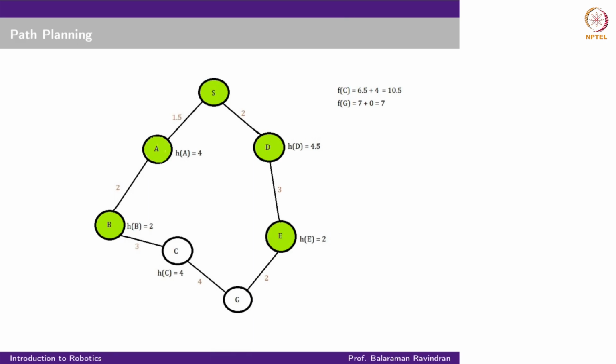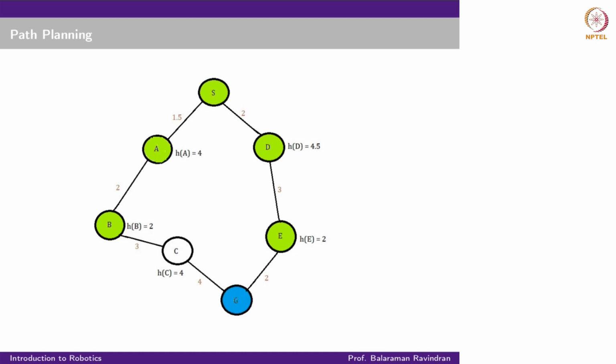E's G score is 5, and the distance to G is 7. Of course the H score of G is 0, so I get 7 and I have reached G. Now I'll backtrace the parent node. The parent for G was E, the parent for E was D, the parent for D was S, and therefore that's my shortest path.